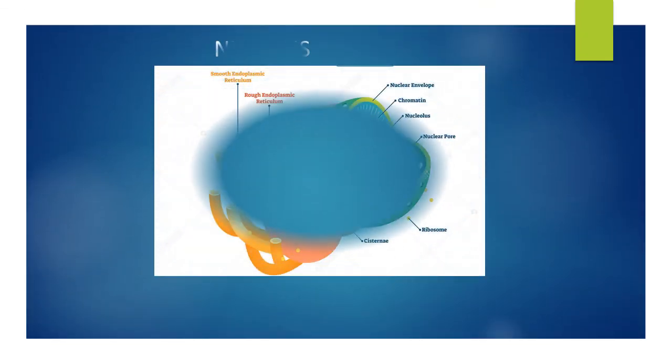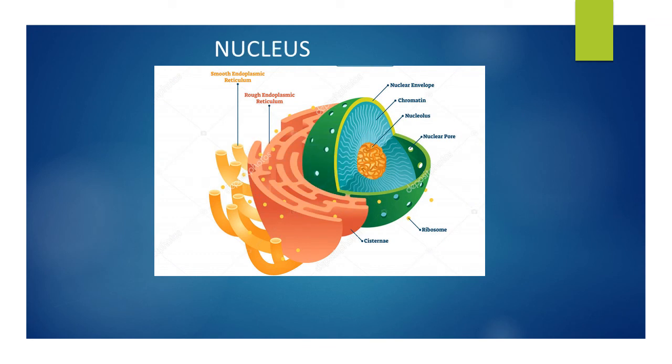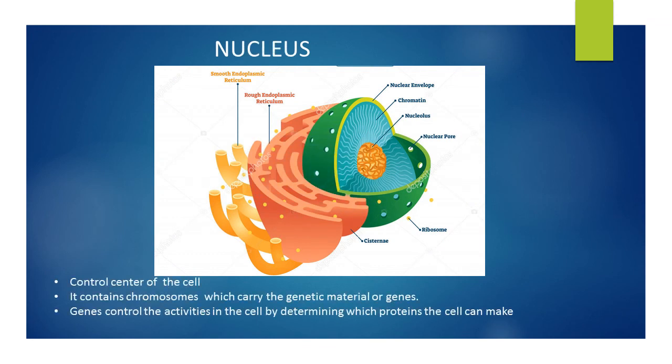Then the nucleus. This is the control center of the cell. It dictates all the cellular activities. It contains chromosomes which carry the genetic material. Genes control the activities of the cell by determining the protein structure.